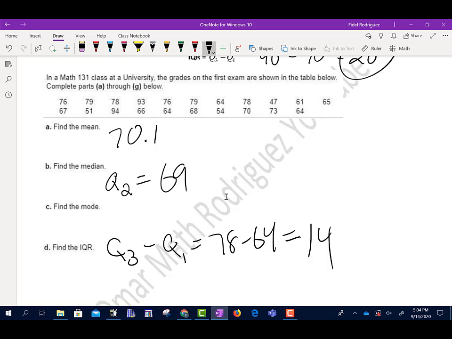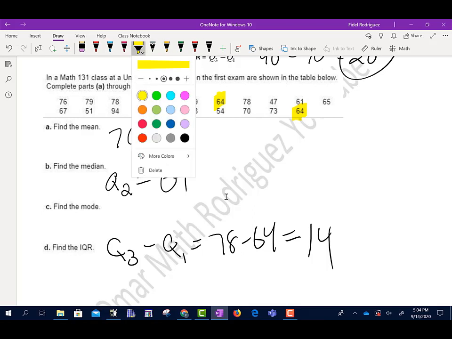Okay, the mode is the one that occurred the most often. Unfortunately, my calculator won't just tell me which is the mode, so I'm going to look here. What I'm seeing is my mode appears to be maybe 64. I see 3 of those. I'm trying to see if any other numbers repeat a lot. In the 70s, I do see a 79 a couple of times.